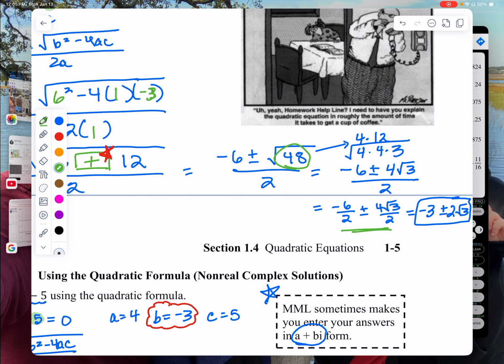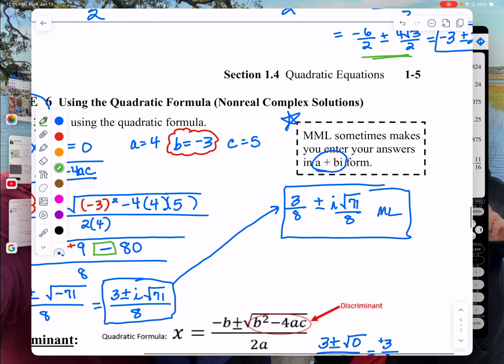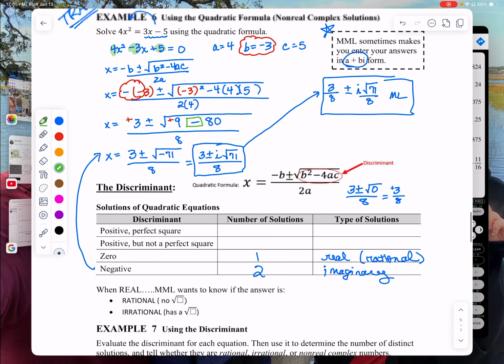But they are irrational. They've got a square root of 3 in them. So if it's not a perfect square, I'm still going to have 2 answers. They're going to be real, not imaginary, but irrational, which means there's a square root in it. That's what irrational means.